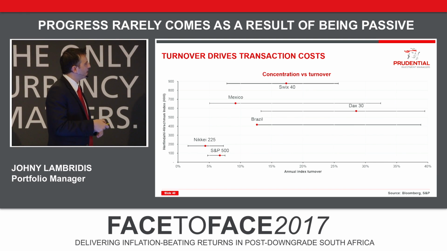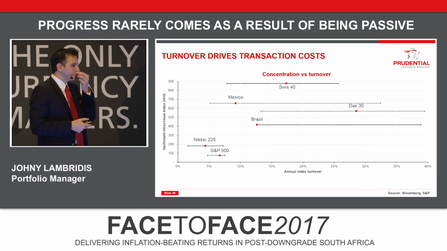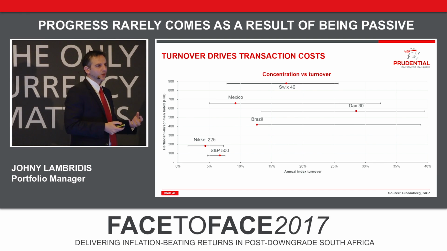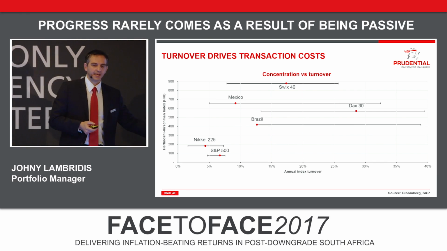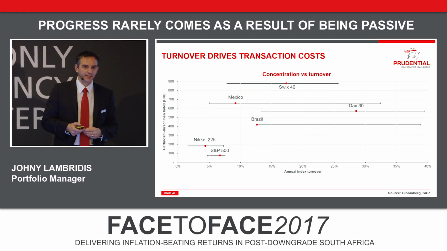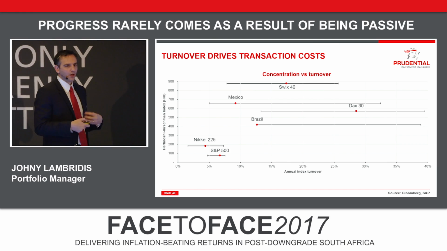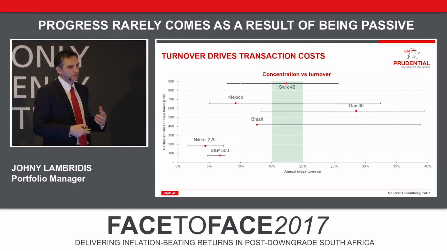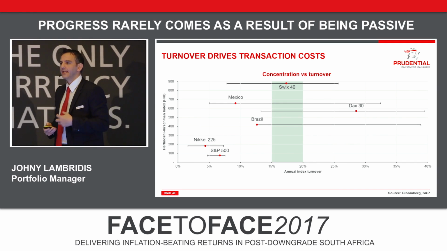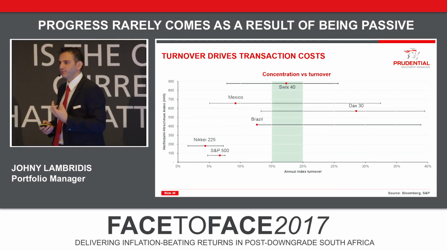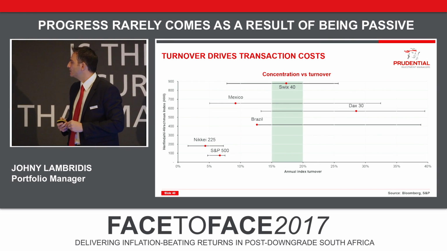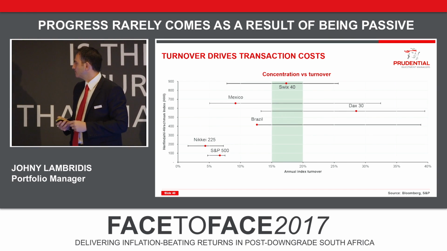In the Top 40 in South Africa, we have a quarterly rebalancing. Some stocks that have fallen in value go out of the index, and some stocks come into the index. If we look at turnover, the S&P has quite a low turnover. That's quite good for passive. Most of the academics argue that you should have a turnover less than 15 to 20% to be able to implement a good passive strategy.